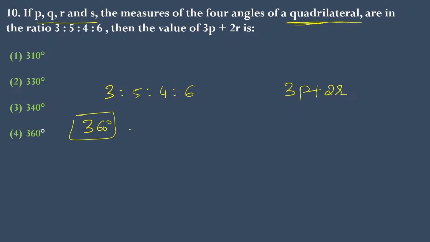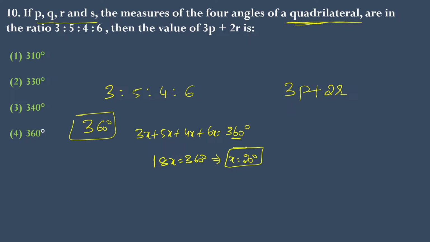If we sum it, 3x plus 5x plus 4x plus 6x is equal to 360 degrees. The sum of all interior angles of any quadrilateral is equal to 360 degrees. So 3x plus 5x plus 4x plus 6x is 18x, equal to 360 degrees. So x is equal to 20 degrees.